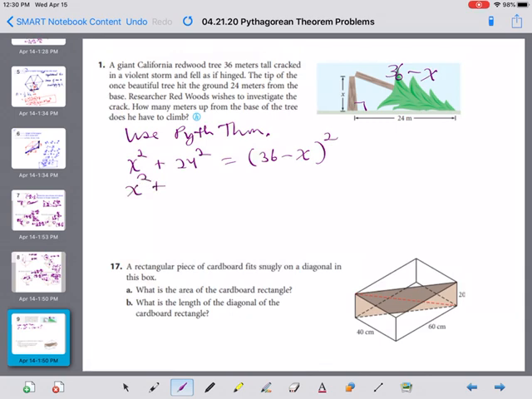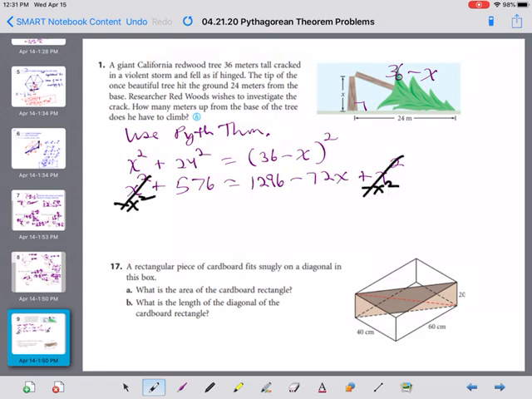Okay. So x squared plus 24 squared, so plus 576. And now FOIL, sneaky square, 1296 minus 72x plus x squared. So that's the FOIL or sneaky square. Now let's solve the equation. Minus x squared to both sides.